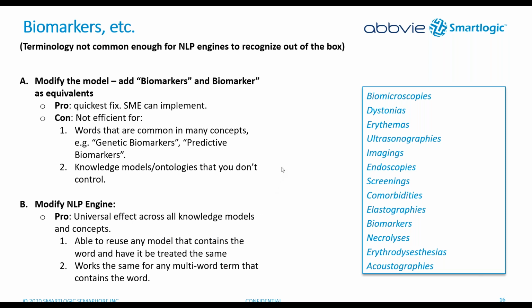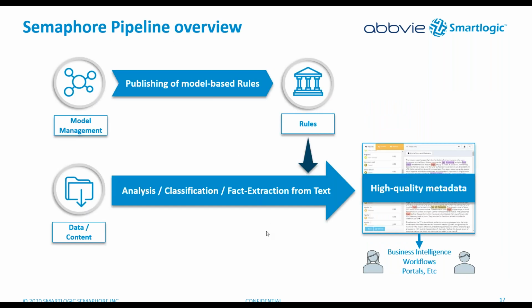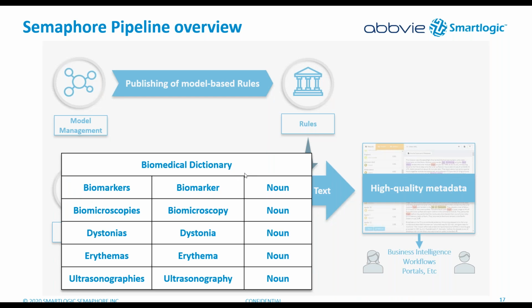So in Semaphore, as John alluded to, it's really a matter of, again, focusing on the bottom part of the pipeline. We're able to analyze, generate a report of all the words in their models and run it against that Semaphore pipeline and say, okay, which ones are we not identifying stems for? And that means that the NLP engine was not trained on the information that had a lot of these types of words, which is understandable.